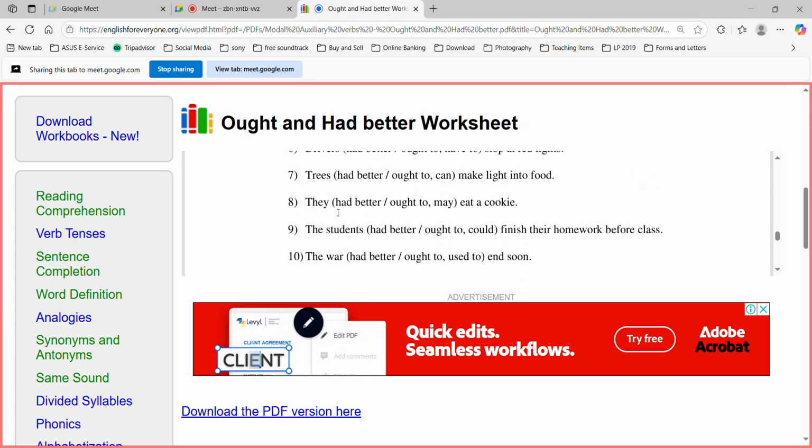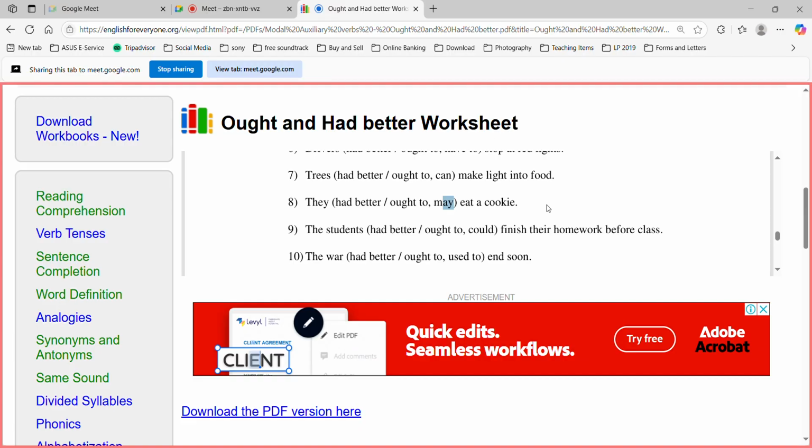Alright, 8. They had better, ought to, may eat a cookie. So what is the answer for number 8? Had better. No. May. Yes. Okay, this is my analysis.